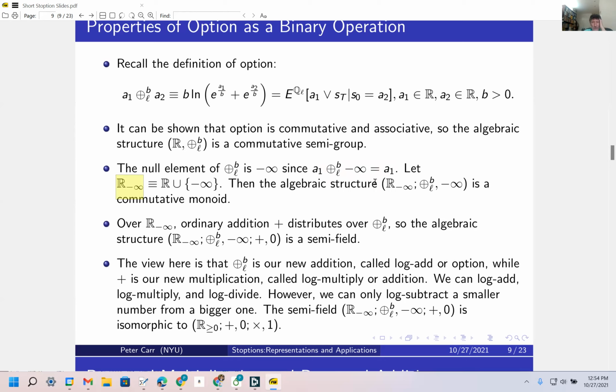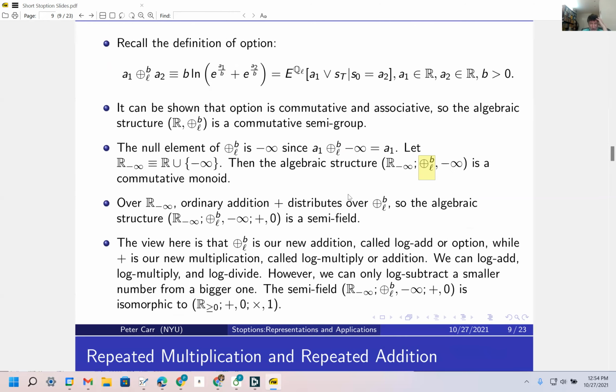And when we think of a binary operation over that slightly larger set, including minus infinity, which is associative and commutative and has the neutral element of minus infinity, that's called a commutative monoid. So monoid is the term when there's a single binary operation. And you may have possibly heard of the term group in this setting as well.